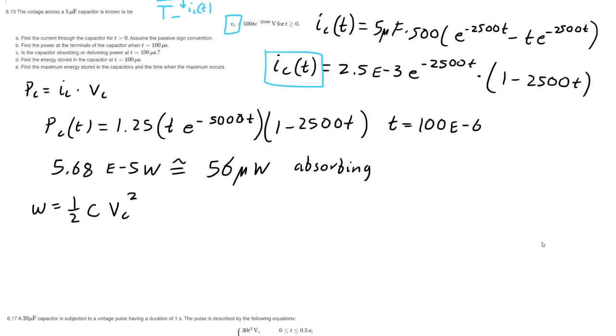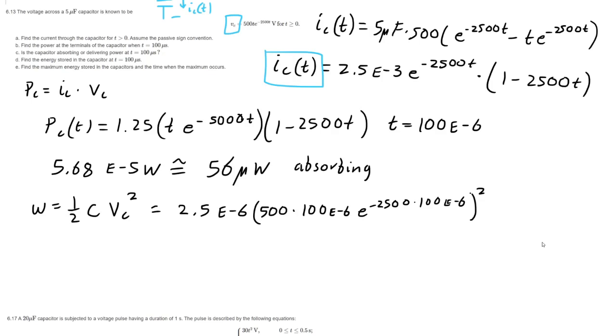Since we have an expression for the voltage, let's say 1/2 times 2.5, well, it's not really microfarad anymore, and vC is 500 times 100 e to the minus 6 times e to the minus 2500 times 100 e to the minus 6, that whole quantity squared.